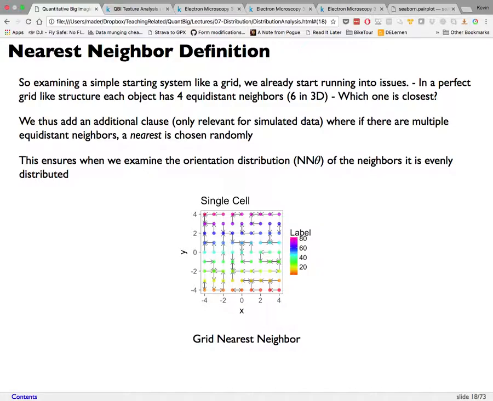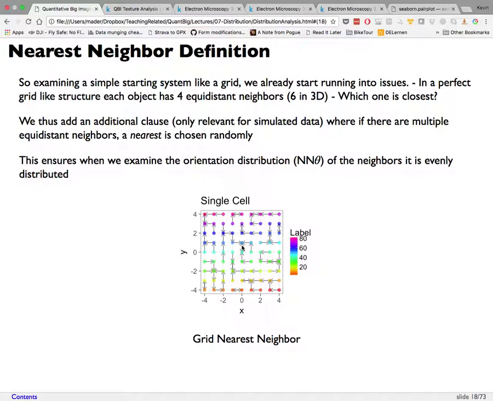And so now if we look at what this nearest neighbor definition actually looks like, we have a grid of points here. All of them have a different label between sort of 1 and 80, I guess. And these lines in the image show where the nearest neighbor is.